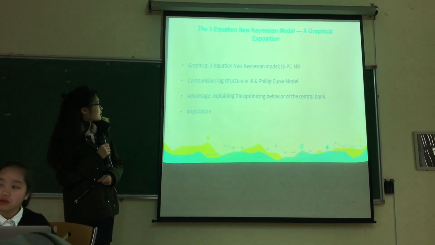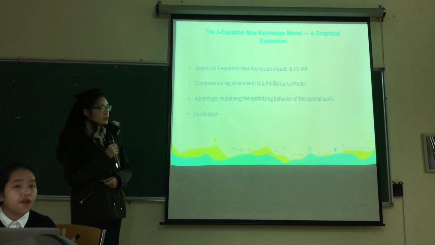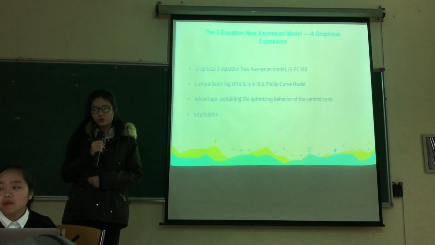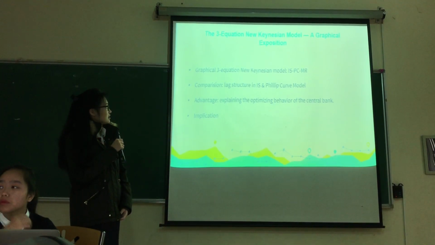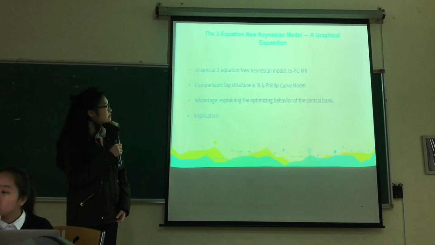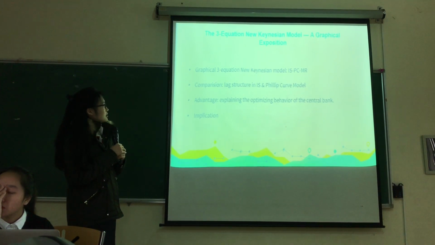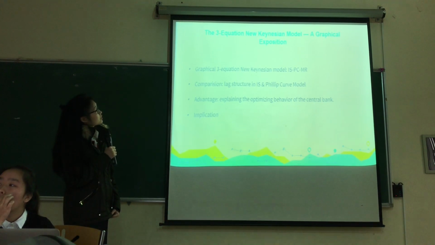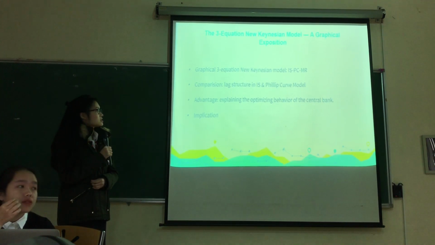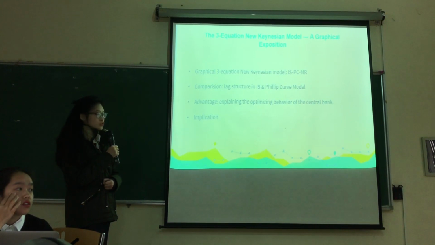Next, they compared the new three equation model with the baseline model, and found that the difference lies in the lag structure in the IS and Phillips curve equations. They also found an advantage of the new three equation model is that it is very useful in explaining the optimizing behavior of the central bank.